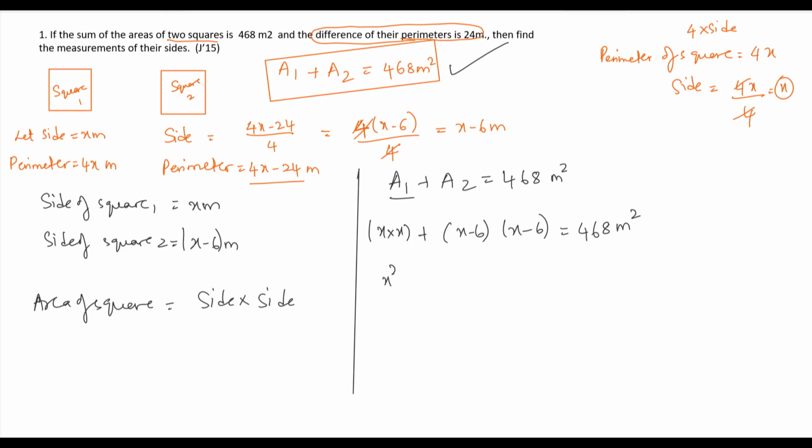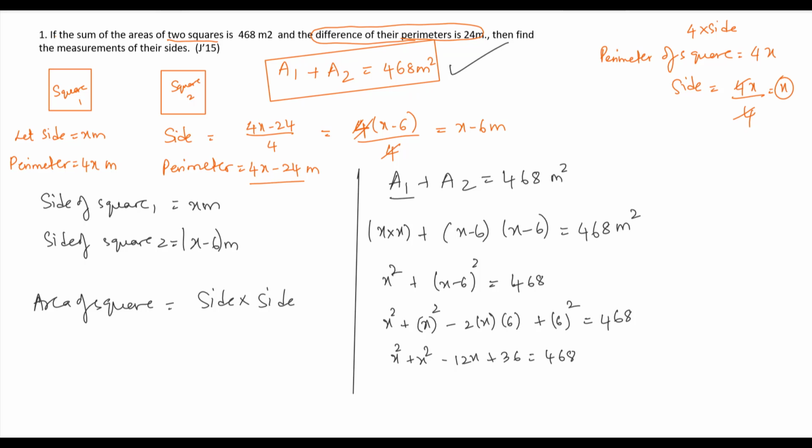So we'll be left out with x into x is x square, plus x minus 6 whole square, which is equal to again 468. Using a minus b whole square, x square plus x square minus 2 into x into 6 plus 6 square is equal to 468. x square plus x square minus 12x plus 36 equal to 468. x square plus x square is 2x square minus 12x plus 36 equal to 468.